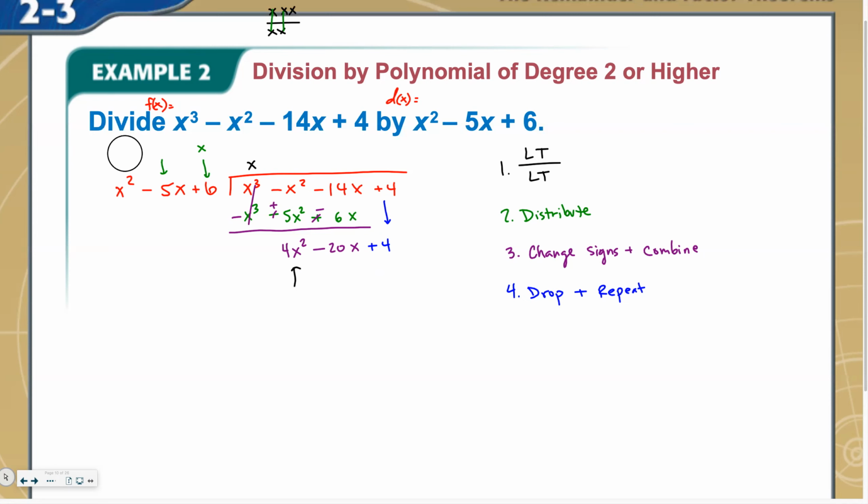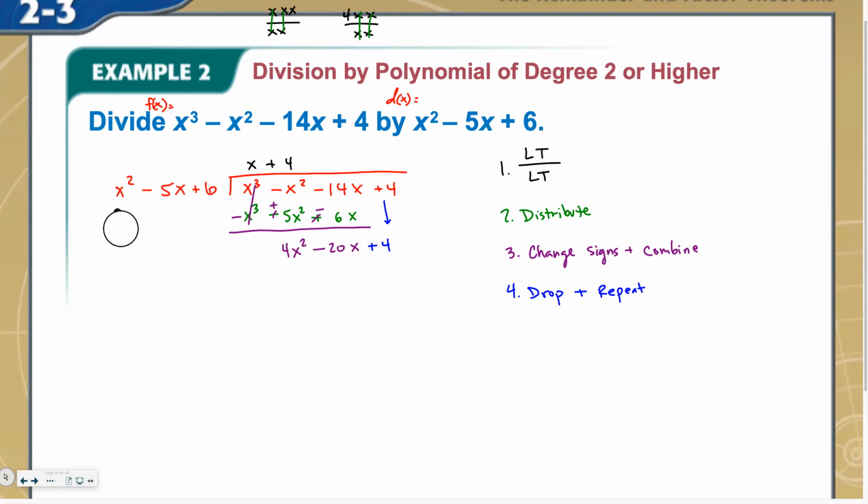It's going to get divided by x squared. So I'll go up top. 4x squared, that's 4xx divided by x squared. Can you simplify? The x's cancel out. What are we left with? Just a 4. So it's a positive. So I'll put a +4.